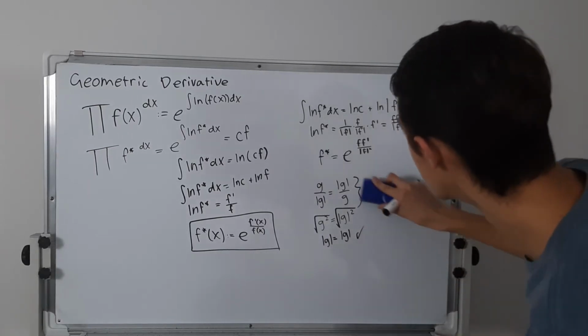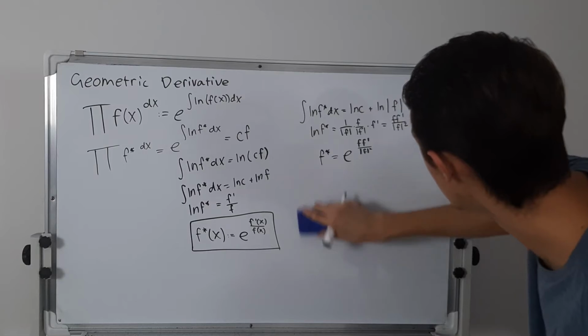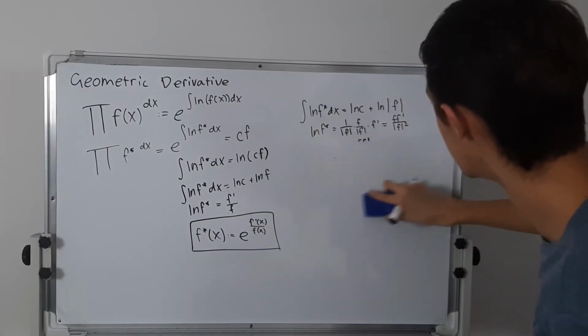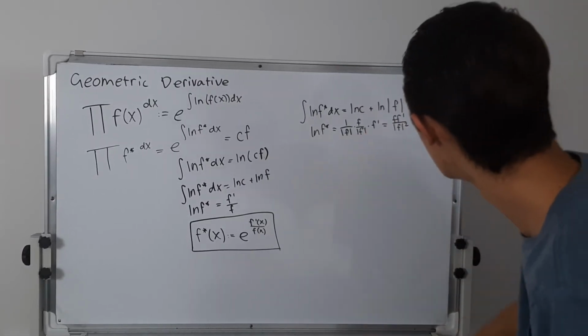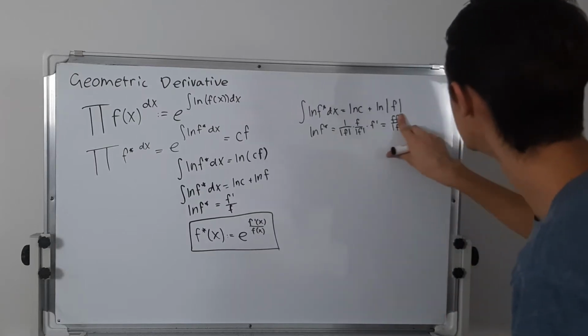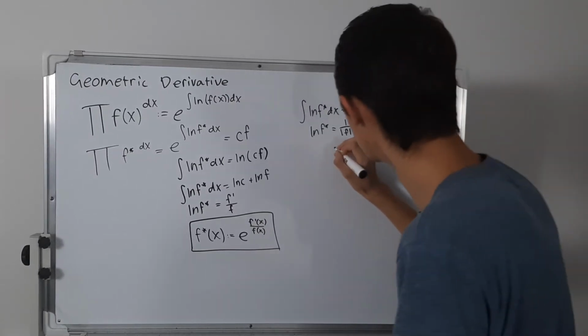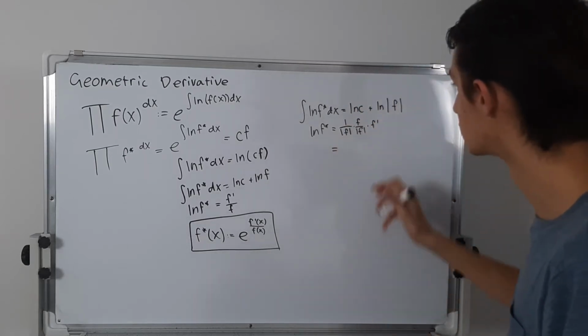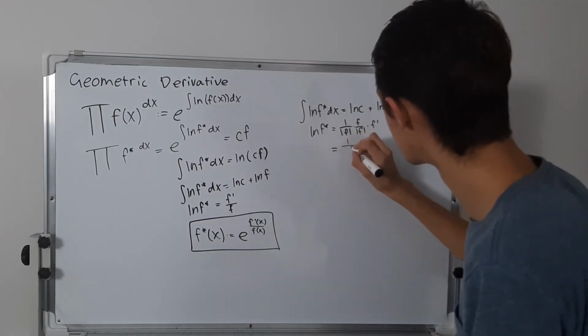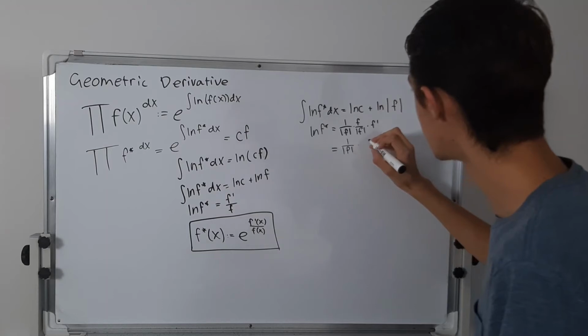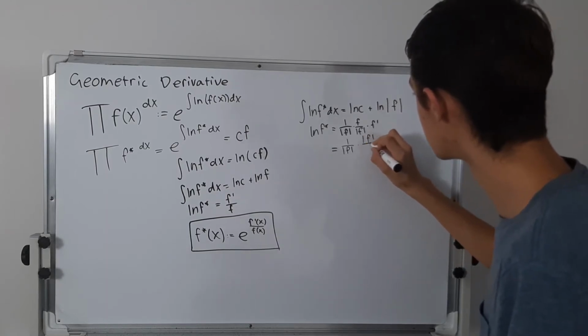So this is good, because what we can do is structure this in a way that we don't need this whole thing. I'll just put it on this line down here: we can structure this so that we have 1 over absolute value of f times absolute value of f over f, right?